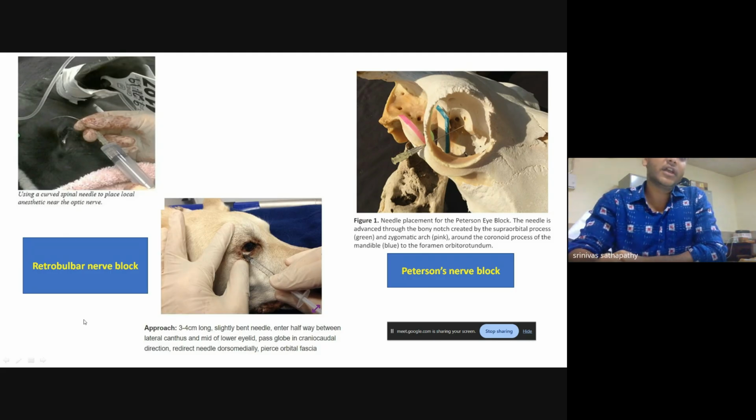Just like the retrobulbar nerve block, in this Peterson's nerve block also, the auriculopalpebral nerve isn't blocked or desensitized. So combining auriculopalpebral nerve block and Peterson's nerve block will serve the purpose for enucleation of the eyeball.